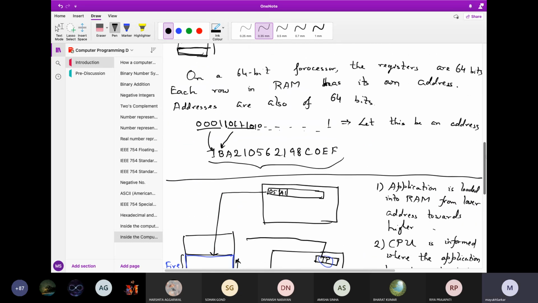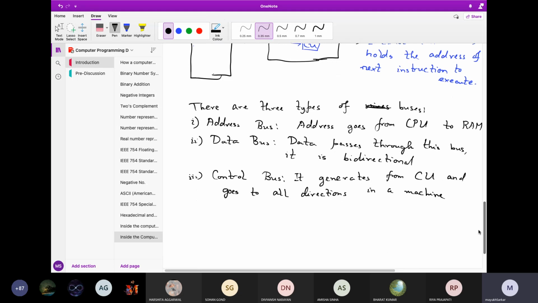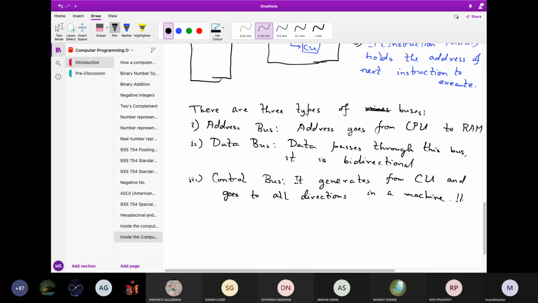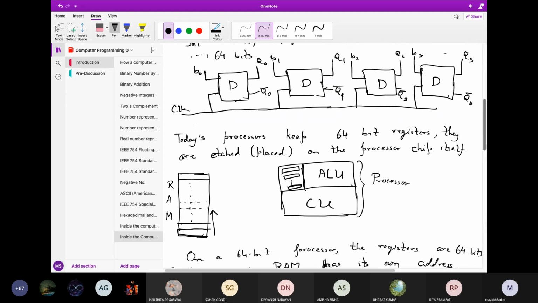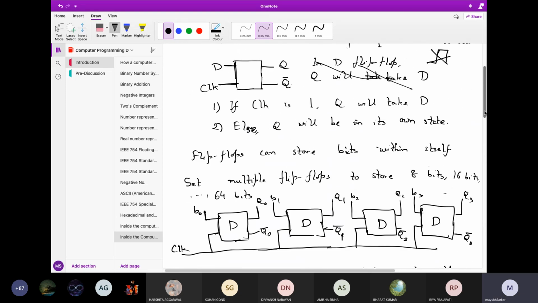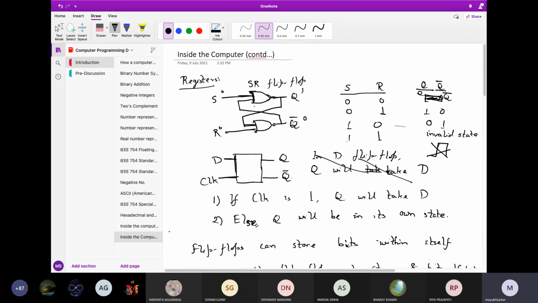In fact, it carries the control signals. Remember the control signals I discussed here? That ALU, where did it go? The previous slide, I think.